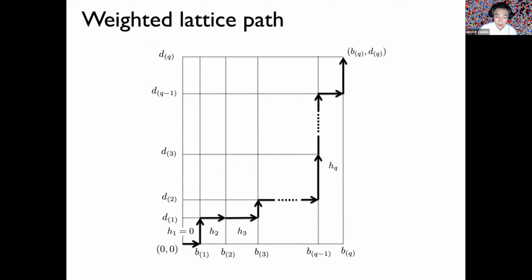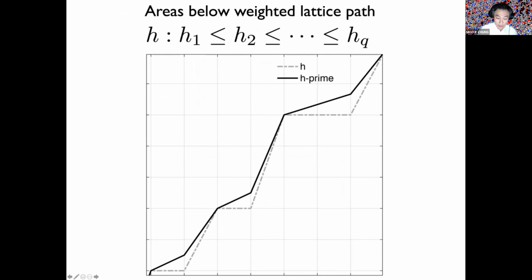This gray dotted line is the product of areas, while the H prime is the transformation such that it's strictly increasing.